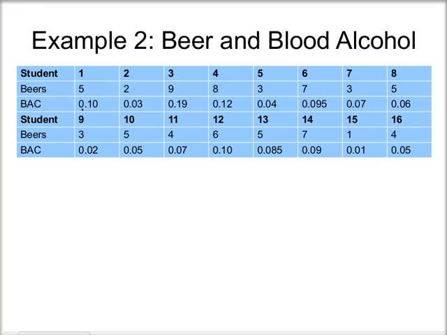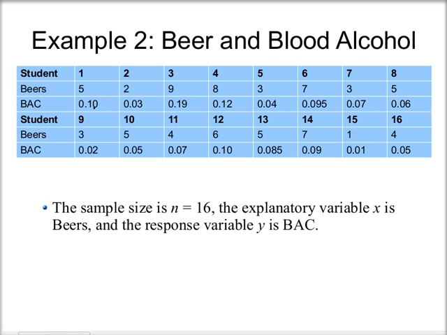And the first student had a blood alcohol content of 0.10. So here, the sample size is n equals 16, because I've got 16 students in my chart. The explanatory variable x is beers, and we said the response variable y is blood alcohol content.